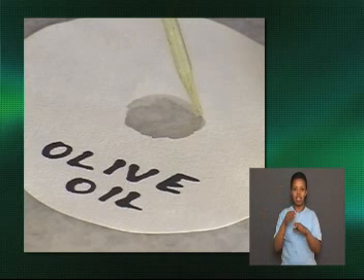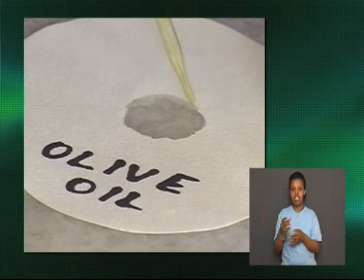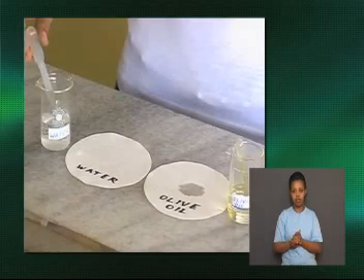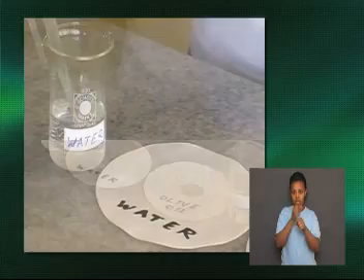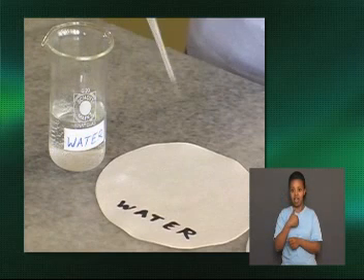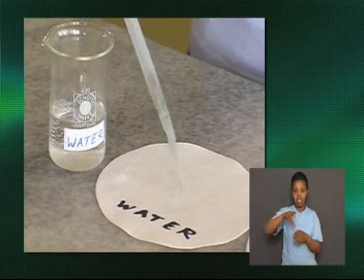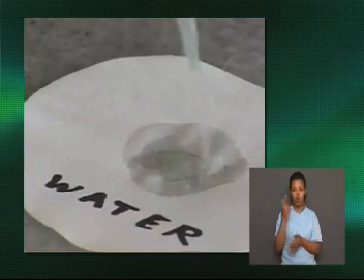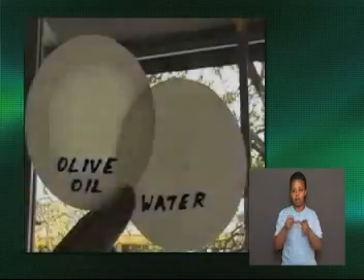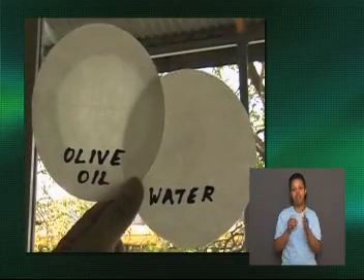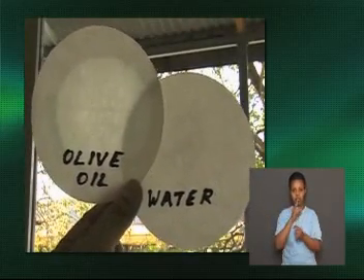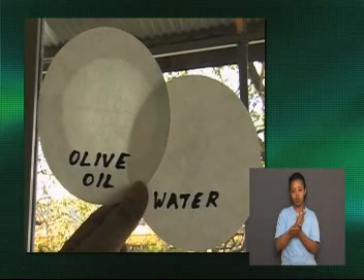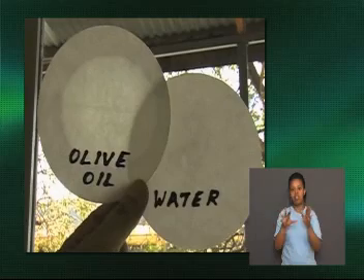The substance is left to dry for a few minutes. If the substance contains lipids, the area where it was placed on the paper will be left permanently translucent. The translucent spot can best be seen when the paper is held against a light source, like a window.